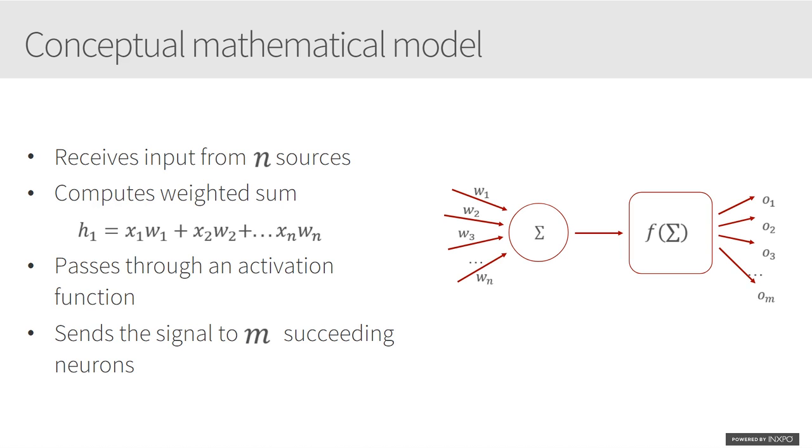So that's where H1 is basically your inputs, X1, and your weights, W1, plus X2, W2, and so forth and so forth. That passes through an activation function and then sends the signal to n succeeding neurons. Okay, so in other words, you have inputs, the node processes it through an activation function, and then sends it out to m set of outputs.